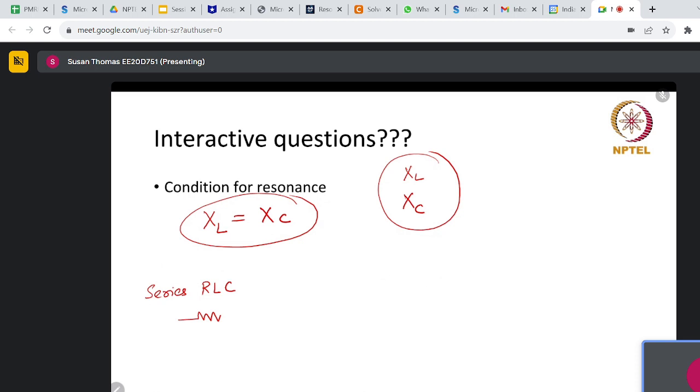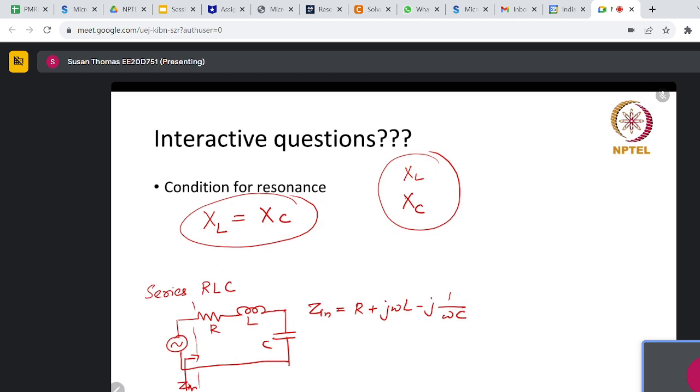So we have an RLC, which is series connected R, L and C, and you have a source. And this is very well known. How do we write the Zin here? All these elements are connected in series. So Zin is R plus j omega L minus j 1 by omega C. I hope you all agree with me on this.